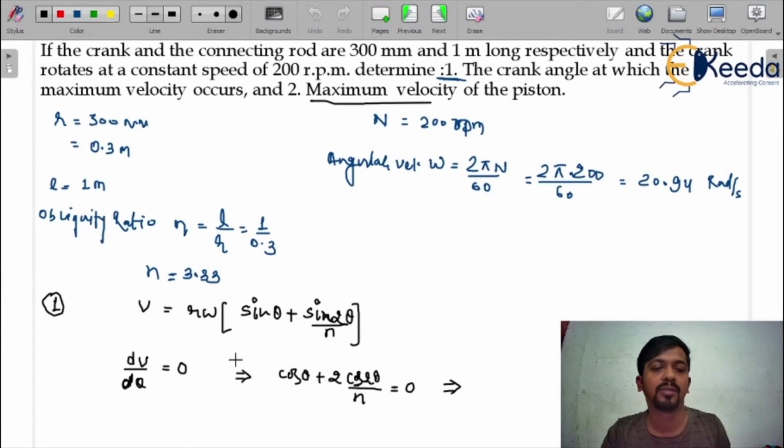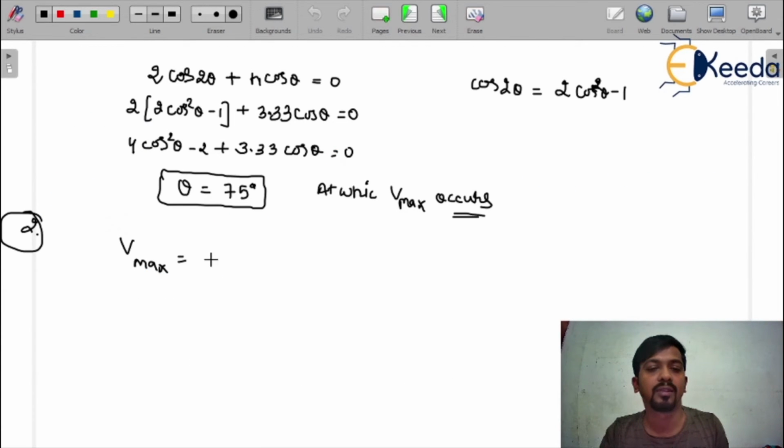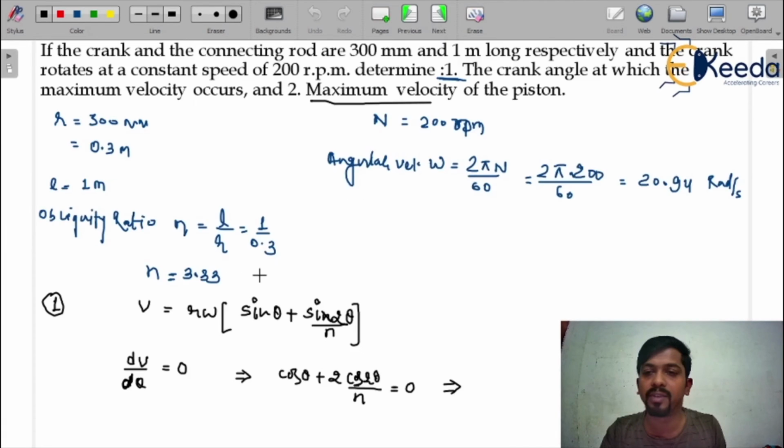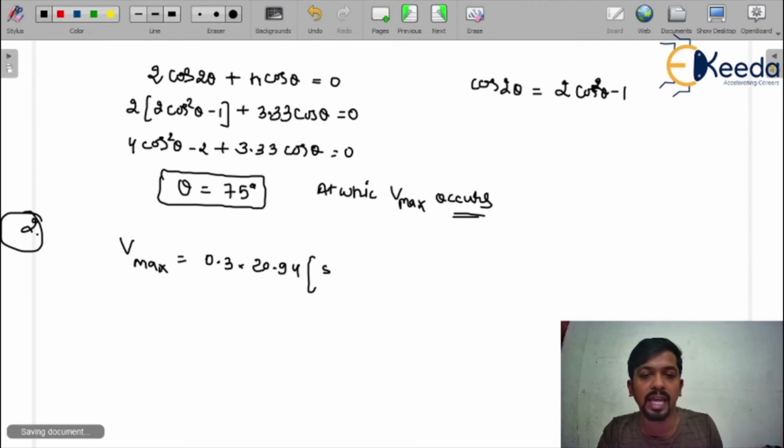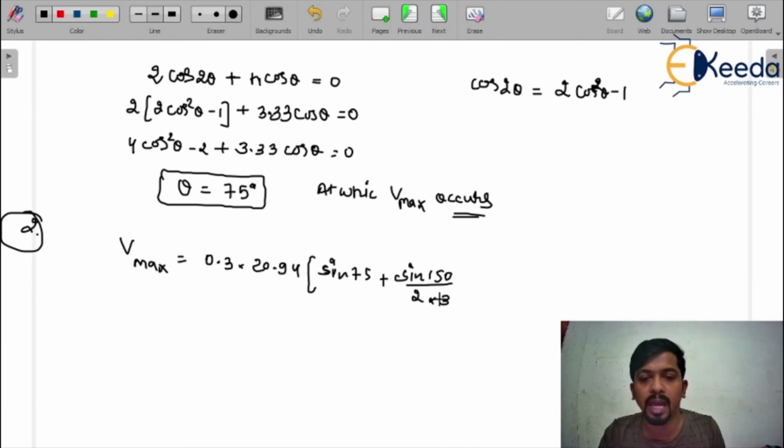V maximum is R omega, where R is 0.3 and omega we have calculated, that is 20.94, times sin 75 plus sin of 2 times 75, that is 150, upon 2 times 3.33.